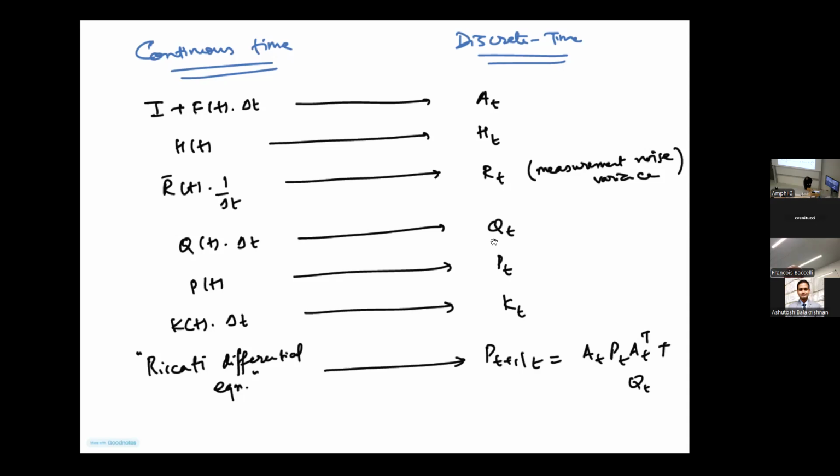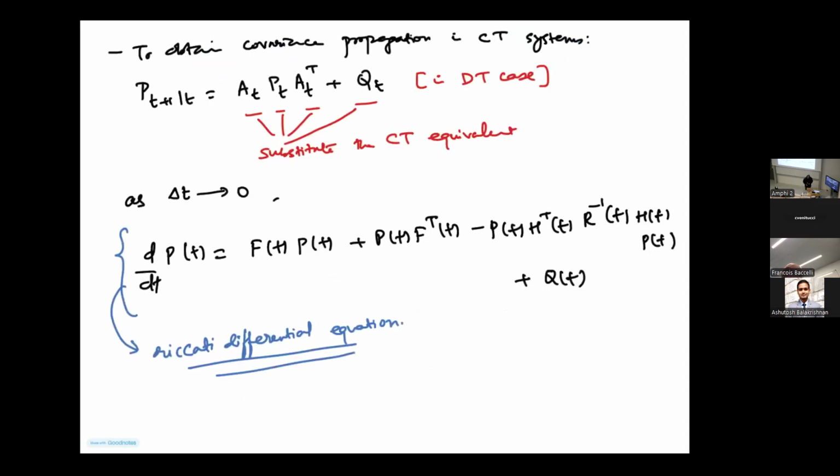Similarly, Q, which is the process noise variance, gets multiplied by del t, and so on. The only change will come in the covariance update, and the covariance update is given by the Riccati differential equations in the continuous time domain, which we'll be seeing.